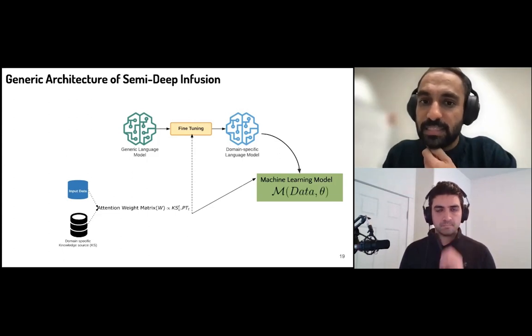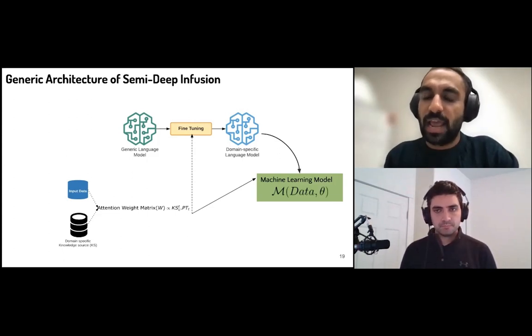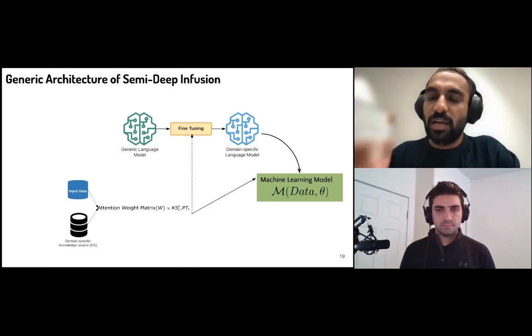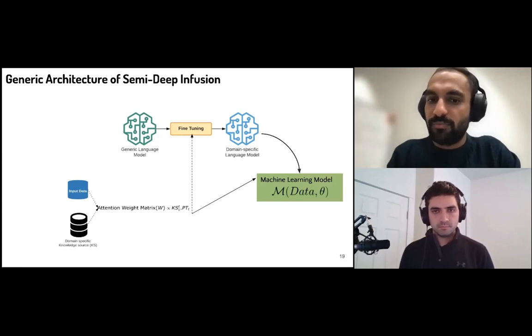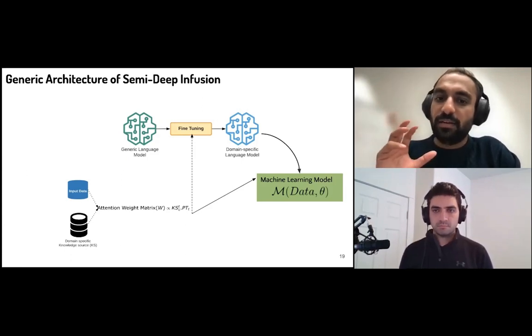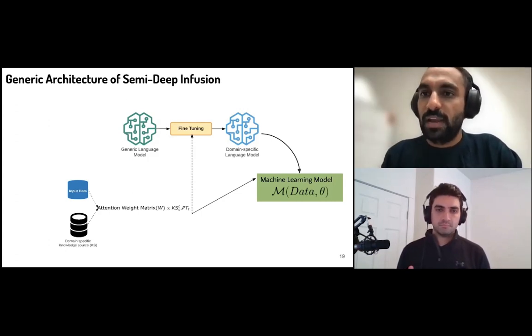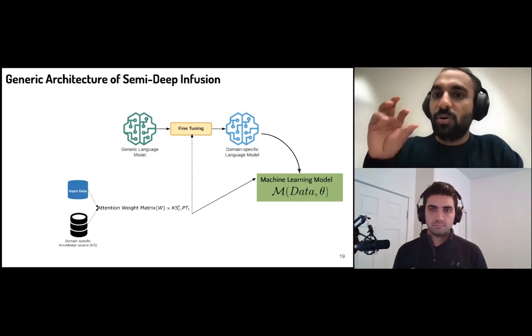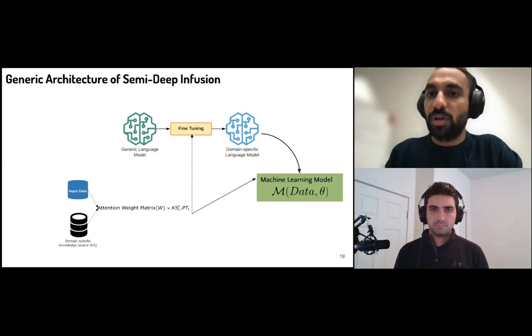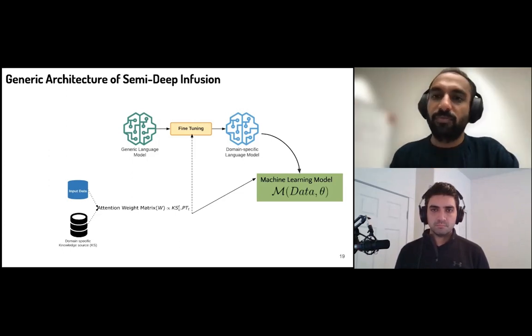Now, in this case, your data is still going into the model as it is. It is not changed. The domain-specific language model is required for the representation, and the matrix now acts as an attention matrix in the model. It will allow you to focus only on these specific terms within the text, and the rest of the words can be thrown out.